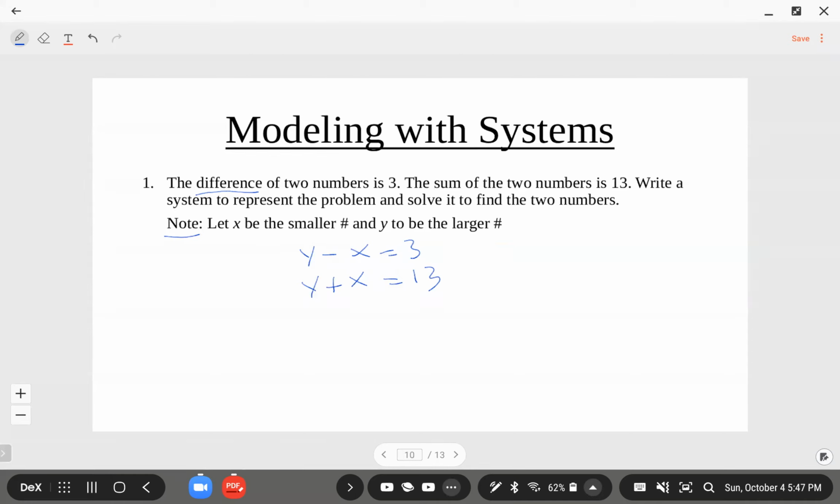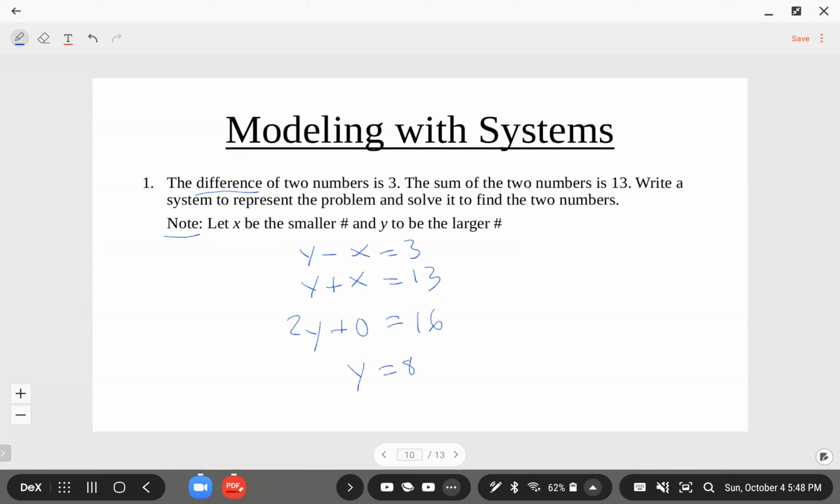So this is very convenient. So we just add. Look, we have a negative x and a positive x. We just add the equations. So 2y plus 0 equals 16. What is y? Y equals 8.